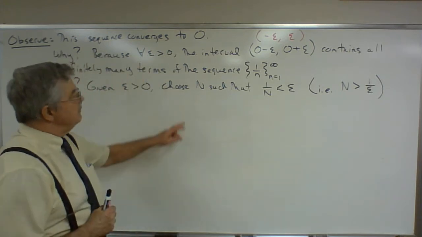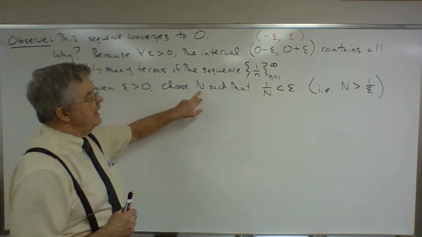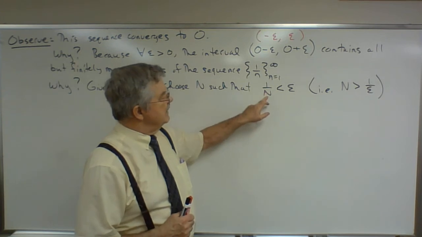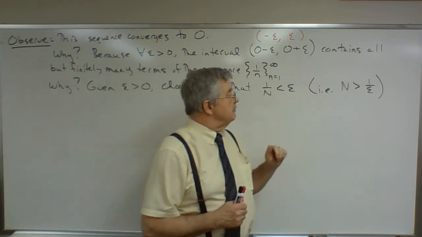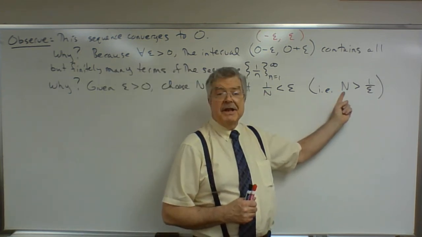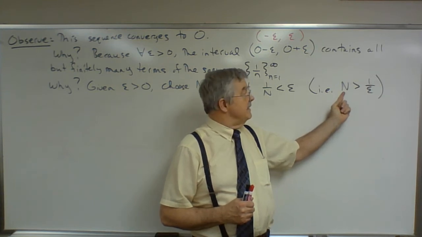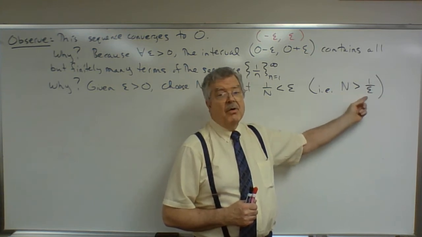Notice that we can choose a natural number n such that 1 over n is less than epsilon. This would be the same thing as choosing a natural number n that's greater than 1 over epsilon.